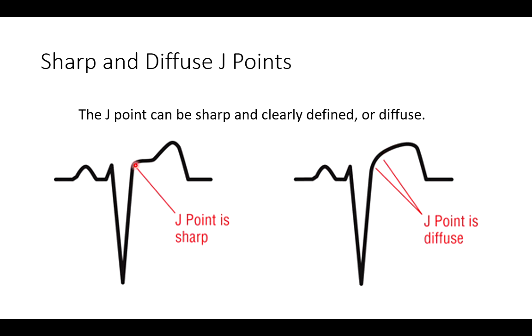Here we would say there's an ST segment, right here. It's that area of no electrical activity between the end of the QRS and the beginning of the T wave. If this was our isoelectric line, this ST segment would be considered elevated. This ST segment is also elevated, but it's more diffuse. We're not really sure where that ST segment is.